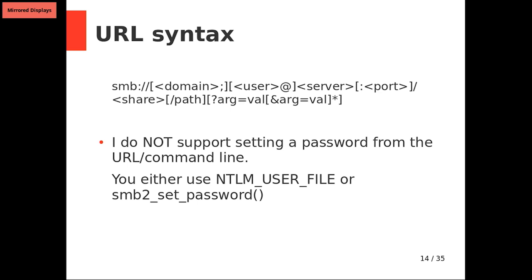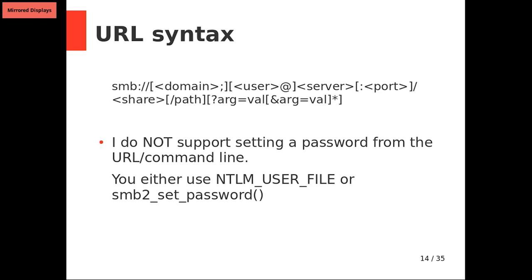I also specify a set of arguments, in the same format that you have for HTTP, where you can specify things like, for libsmb2, an argument called seal that you can guess what it does. You can specify which version of SMB2 or 3 that you want it to use.